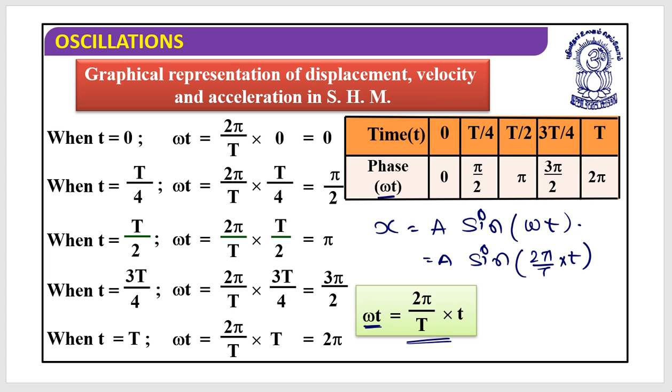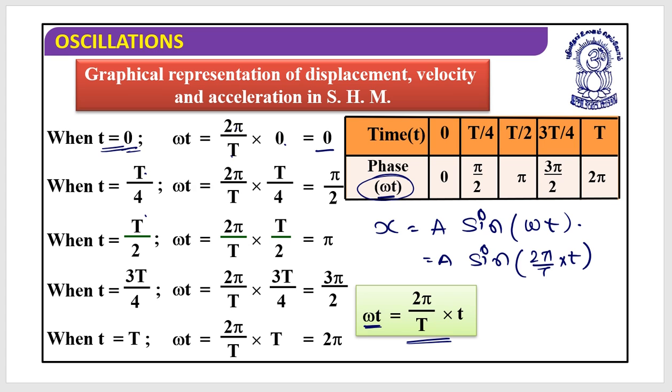Then at different times let's see what value we receive. If I put t = 0, ωt = 2π/T into 0. So at t = 0, ωt would be 0.